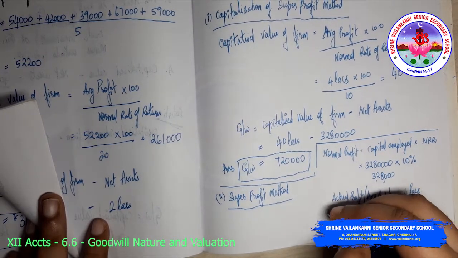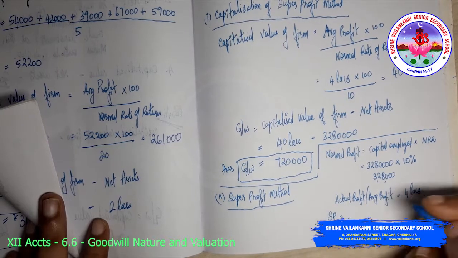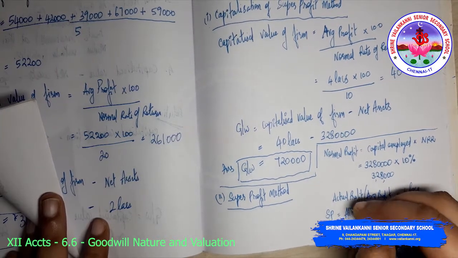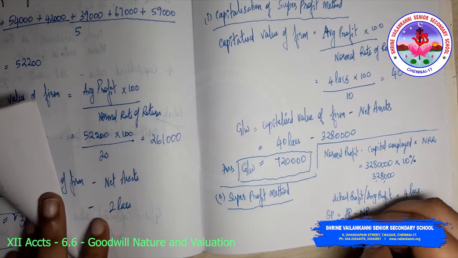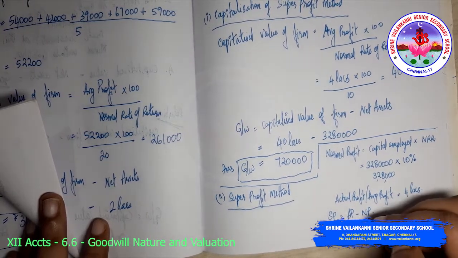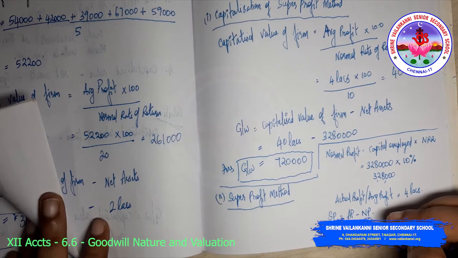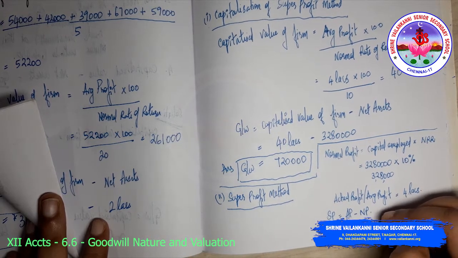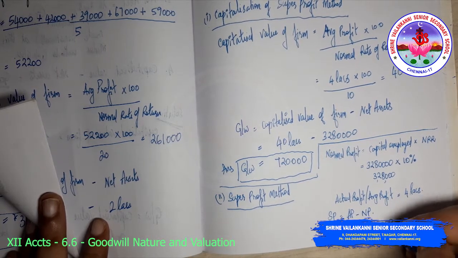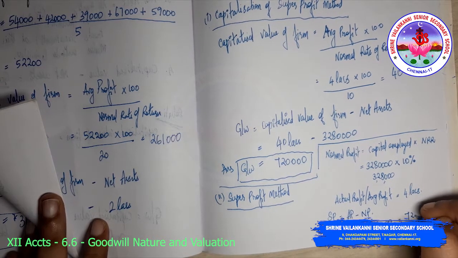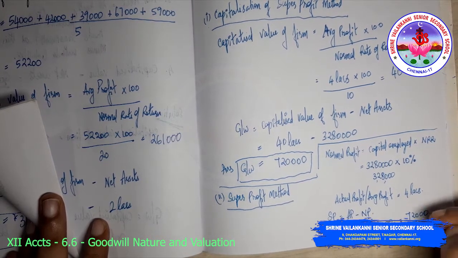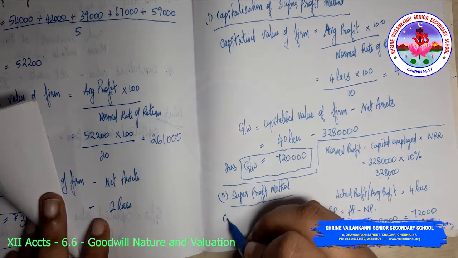Now what is super profits? Super profit is equal to actual profit minus normal profit. Actual profit is 4 lakhs minus normal profit is 3,28,000. So if I minus this, I am getting 72,000. Now what is goodwill?